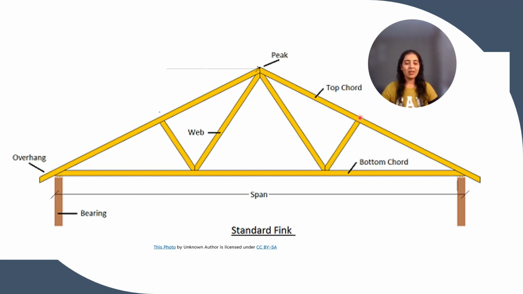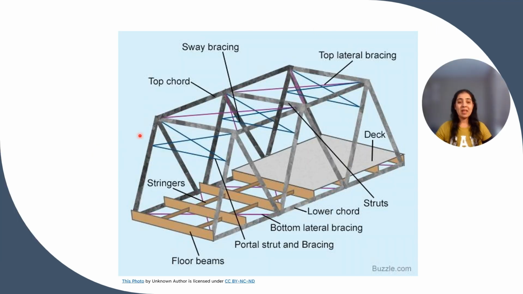And in this figure, this is a Fink type of truss. And you can see here the part of the truss that is overhanging. This is a space truss. If bracings are provided, they are provided like this: top lateral bracings, sway bracings. In the subsequent videos, we will learn about bracings.